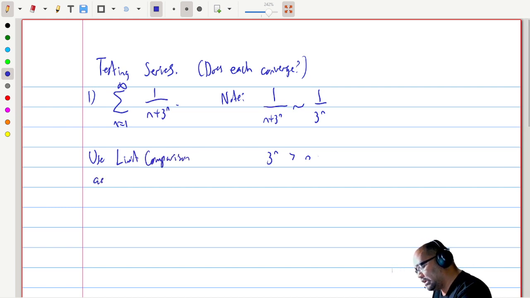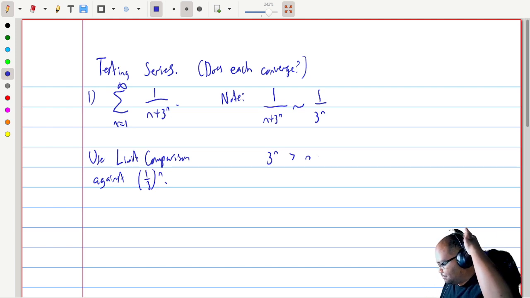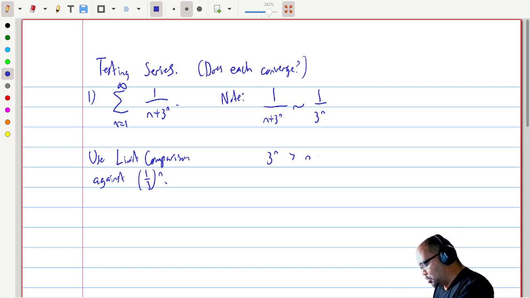I'm going to compare against 1 over 3 to the n, and you'll probably see why I'm choosing that one here. So I'm going to check this limit here. My reference sequence, rather.